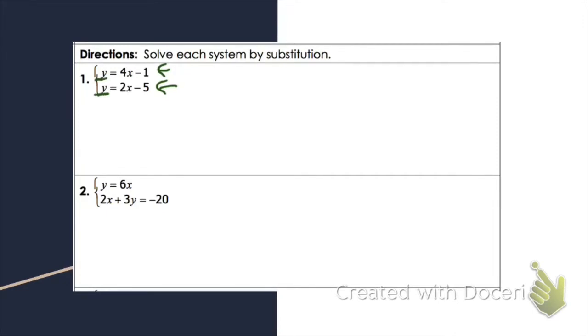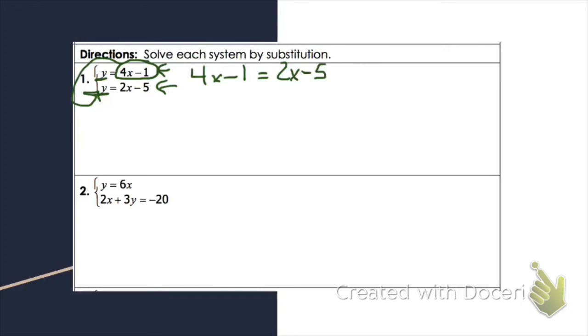Now, if we move to the second step, it says substitute this expression into the other equation and solve for the variable. Since Y equals 4X minus 1, I can just substitute it right in there for Y. So therefore, we'll have 4X minus 1 equals 2X minus 5.